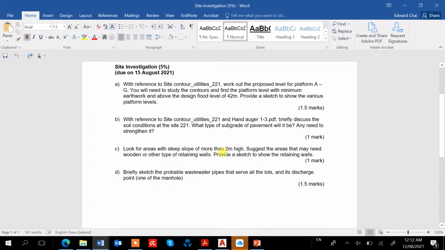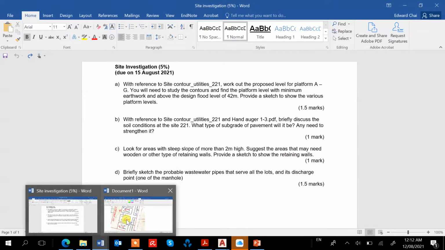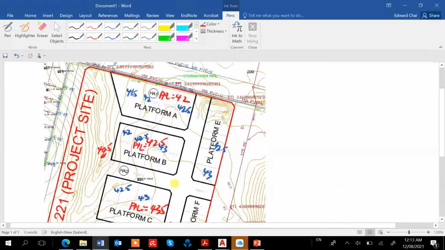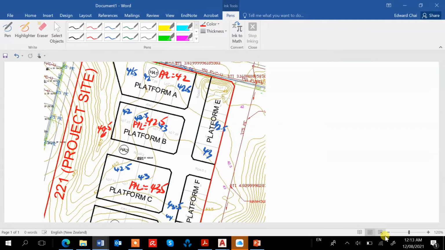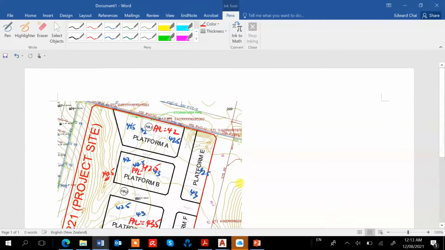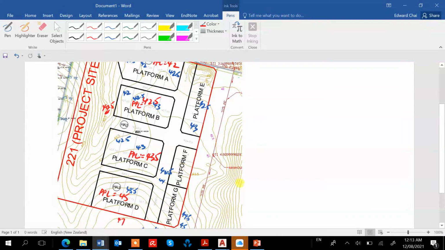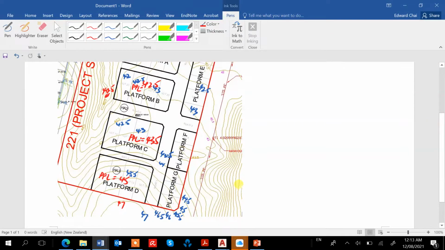So the area of steep slope, just now I talked about that. For this, because of the drop in the level, this part probably, maybe we need something, because depending on the drop, what is your platform level?